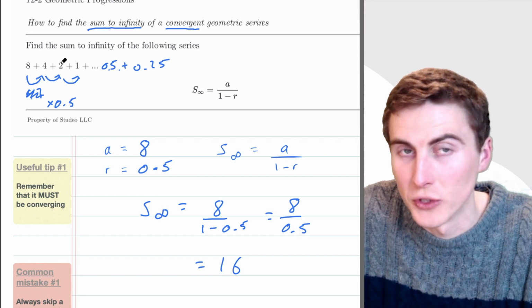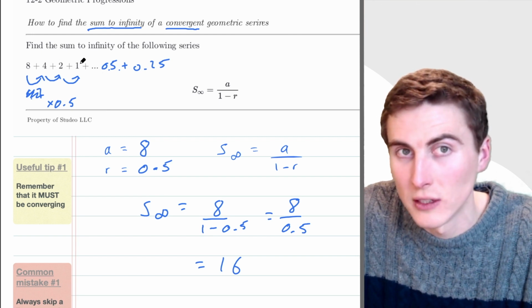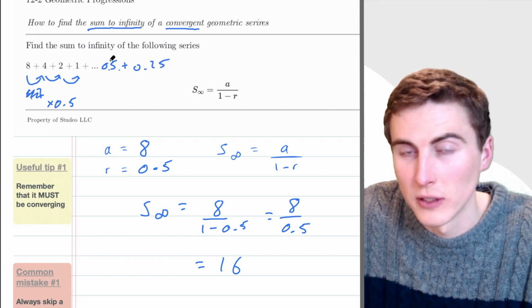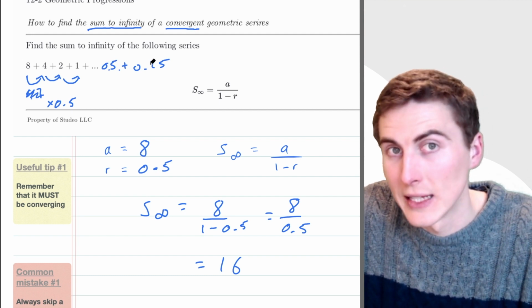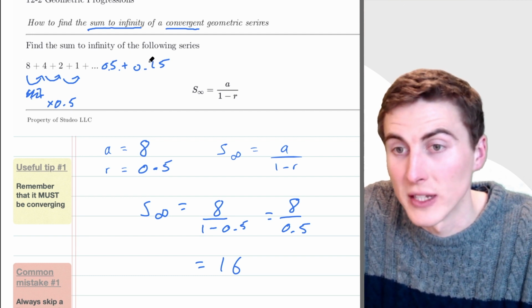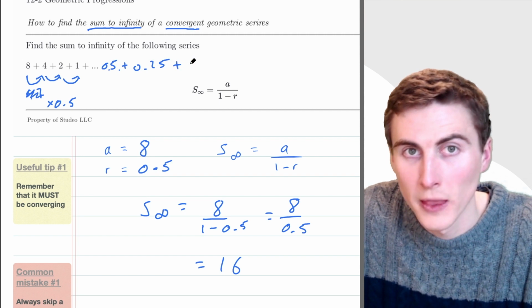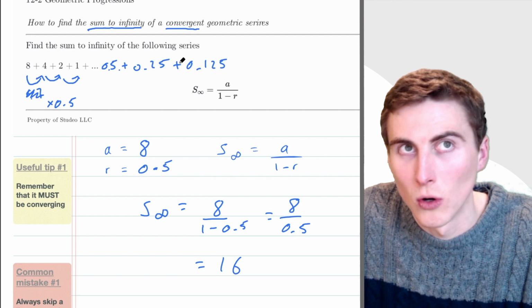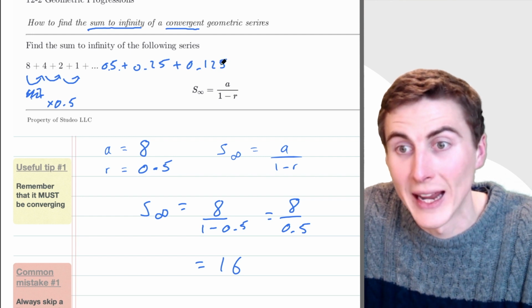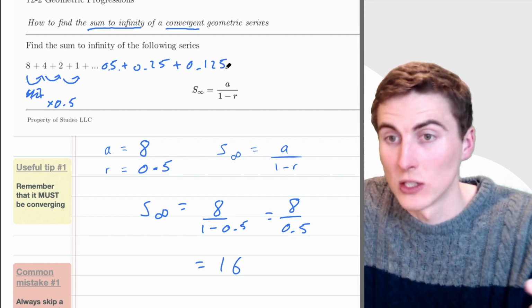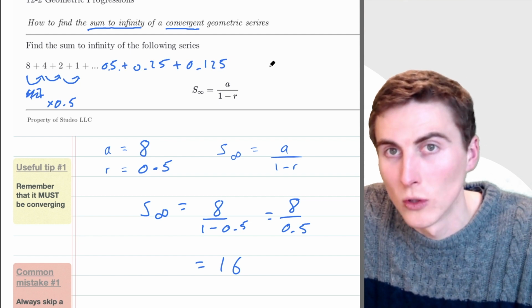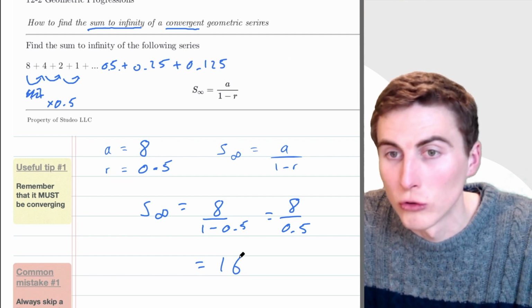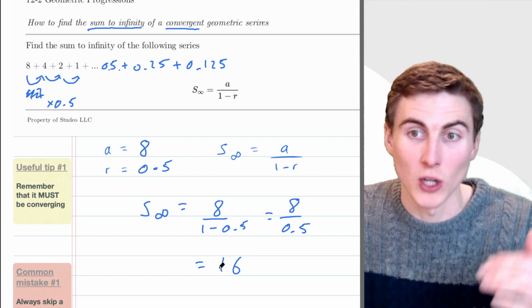Add 2 is 14. Add 1 is 15. Add 0.5 is 15.5. Add 0.25 is 15.75. The next term would be 0.125, so now we're on 15.875, and so on. I keep on adding more and more, and we just get closer and closer to 16. But we wouldn't ever go higher than 16.